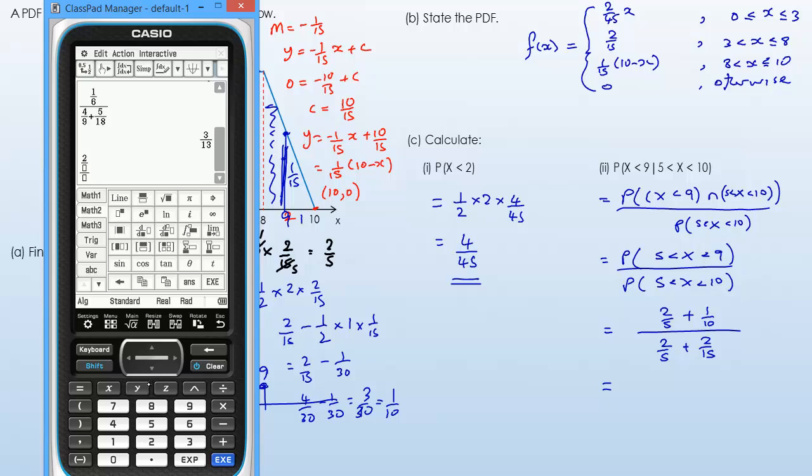So that's 2/5 add 1/10, over 2/5 add 2/15, gives us 15/16.